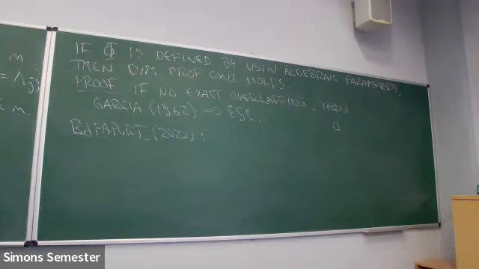So we have capital N many similarity maps, and each similarity map consists of basically the contraction ratio and the translation vector, and the assumption is that all of these parameters are algebraic.